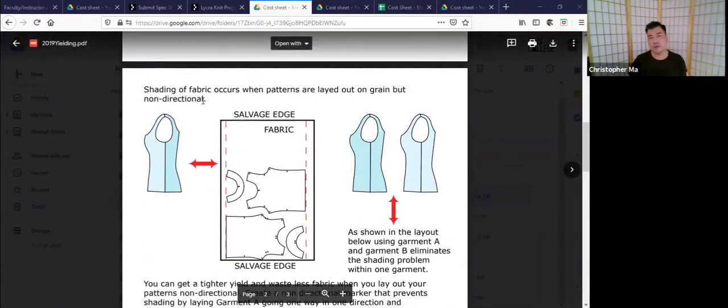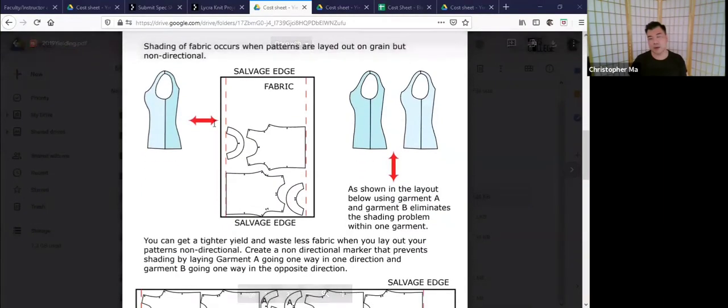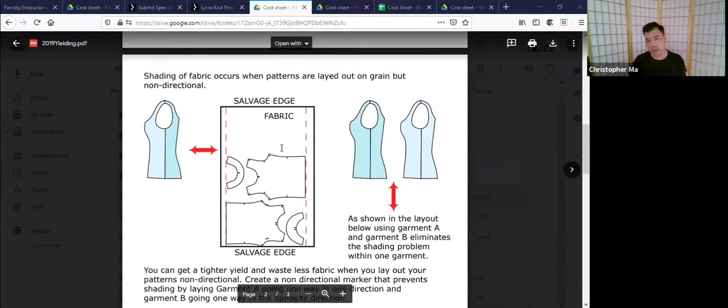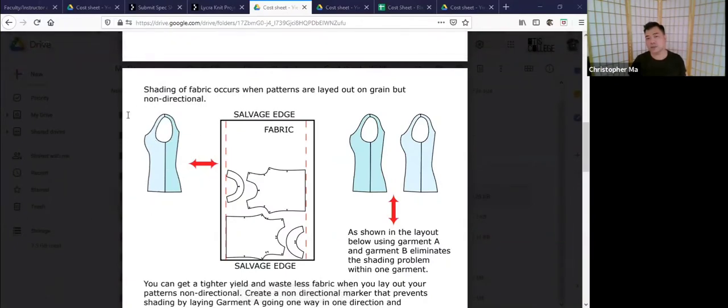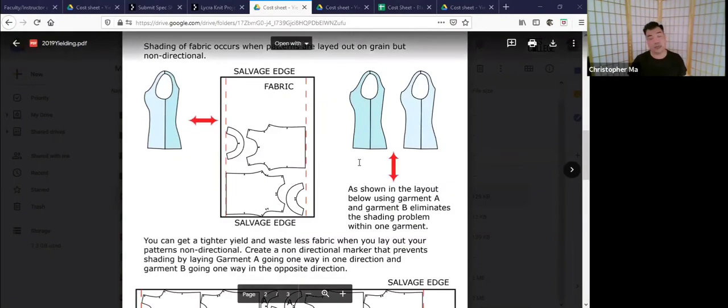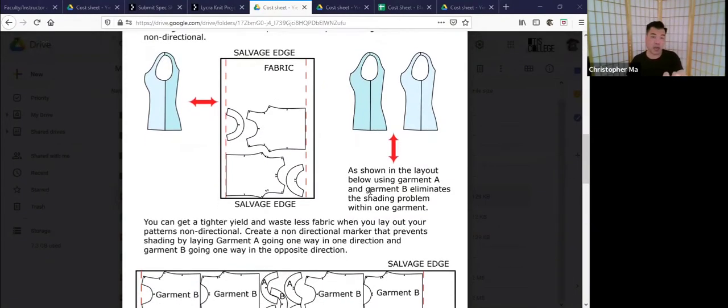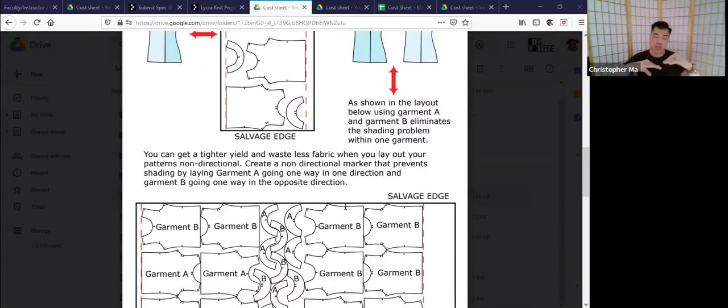Now if you lay up and down, this is the example of what happens, your garment could look like this when you finish. So a one directional marker will give you that advantage. Another way of avoiding it, if it's only a slight difference, you don't care, you can actually interchange.